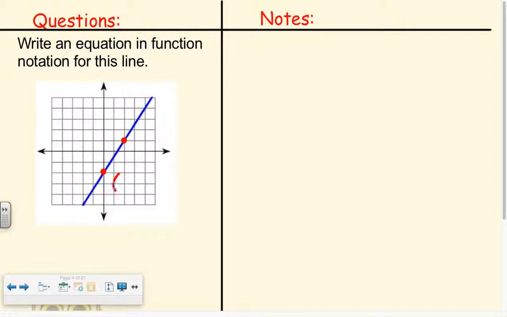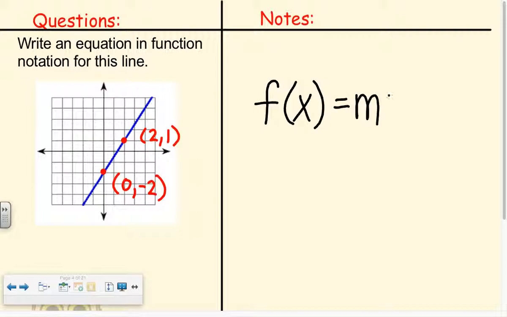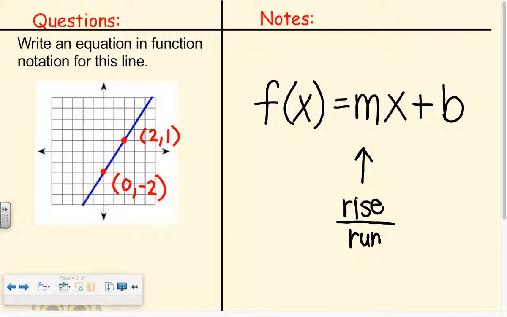Alright, third one. The ordered pairs on this are 0, negative 2, and 2, 1. I'll start from my point furthest to the left, which is right here, and I'll count my rise, 1, 2, 3, and I'll count my run, 1, 2.